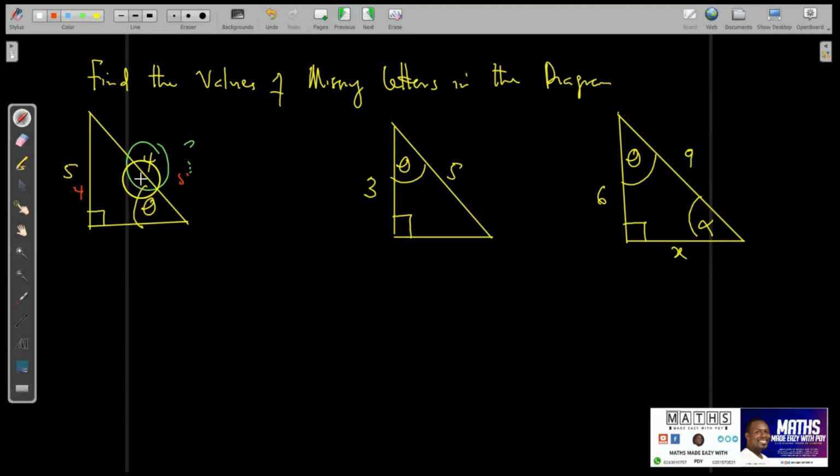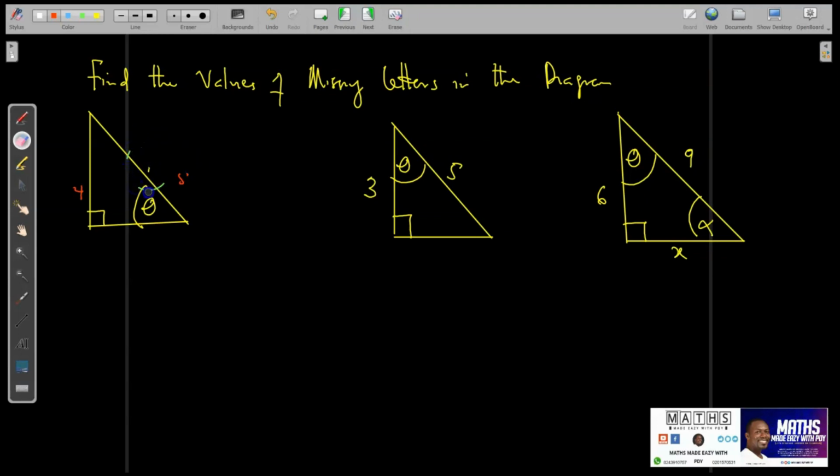I told you that based on the trig ratios, the interior angle defines the side of the right angle triangle. So for instance, the side 4, remember I've changed the position. So let me clean the old ones. I'm cleaning the 5 from here and the 4 from there, so that the question now reads perfectly as what we can see here.